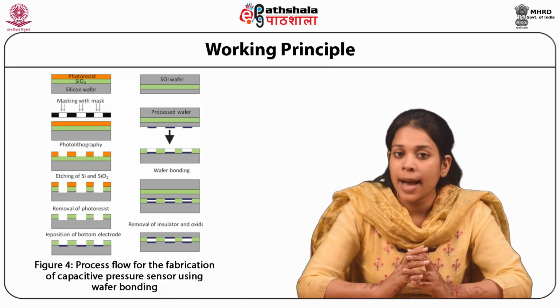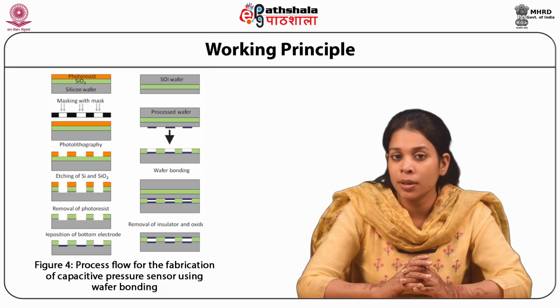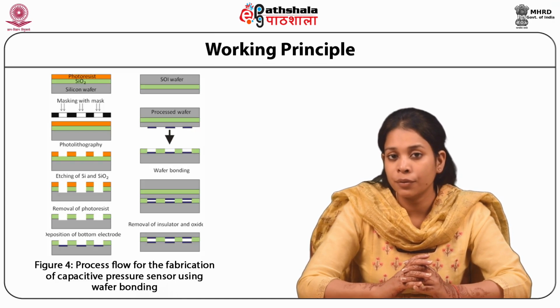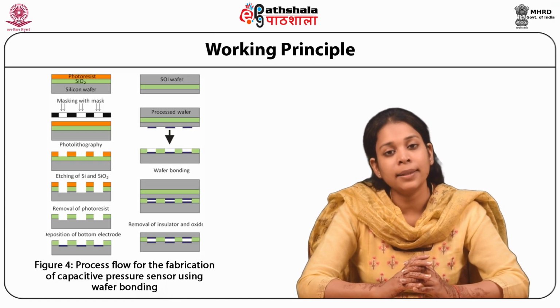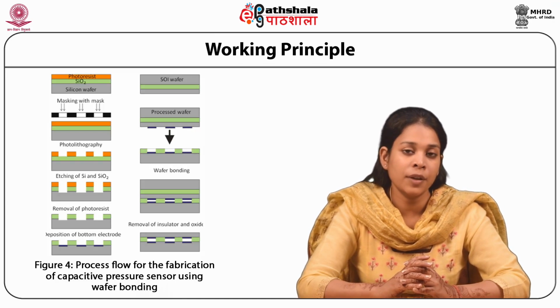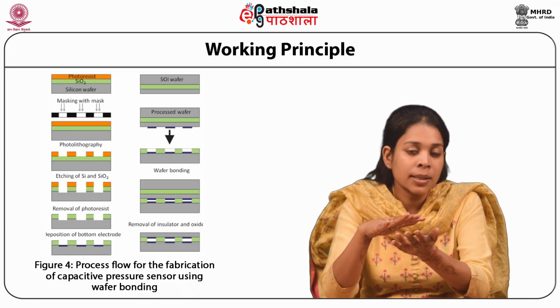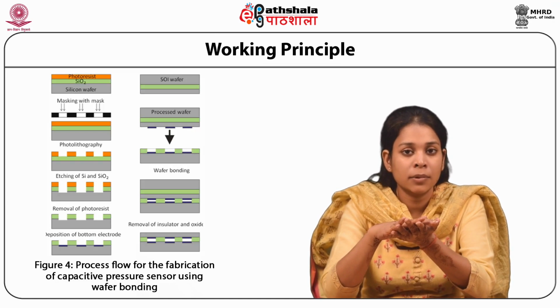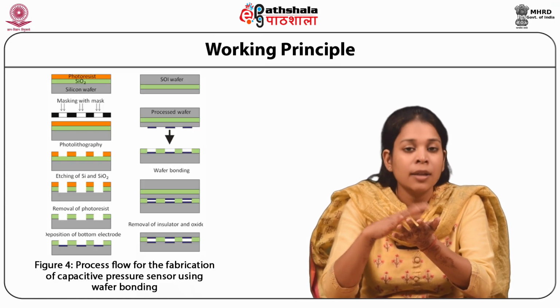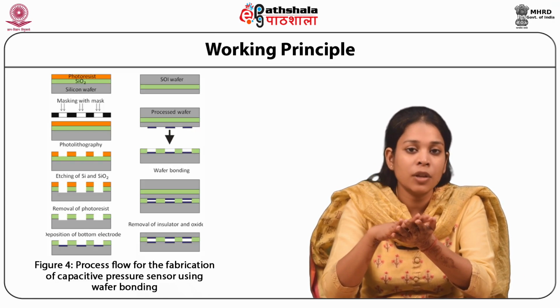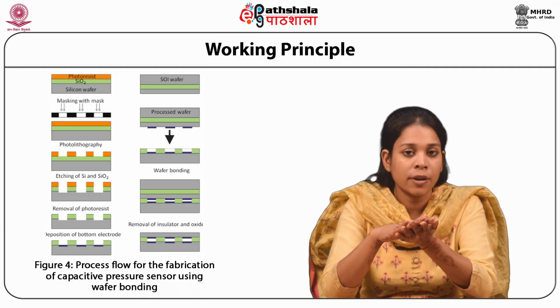After that, a desired photomask has been chosen, and using conventional photolithography, the pattern has been transferred onto the wafer. So you can see, after using a photomask and conventional photolithography, the pattern has been designed on a wafer.